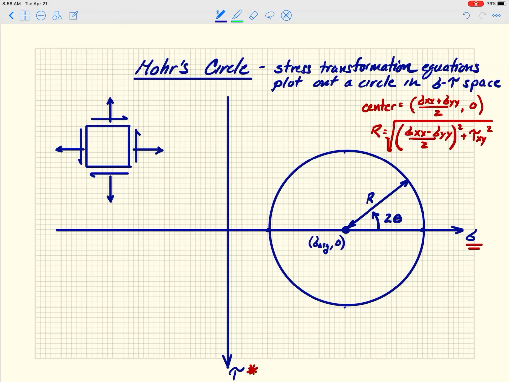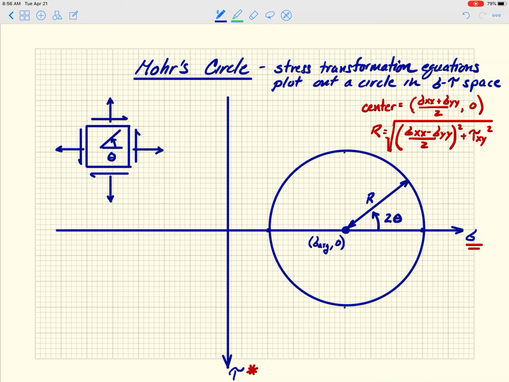The other thing I've got to point out is that on this circle, 2 theta is the angle, measured counterclockwise, sort of a right-hand rule measurement. And that is equivalent to theta on that cube.